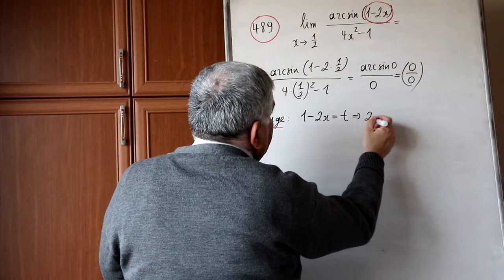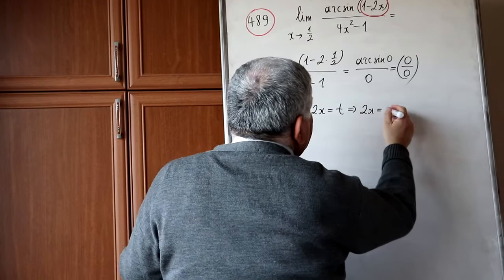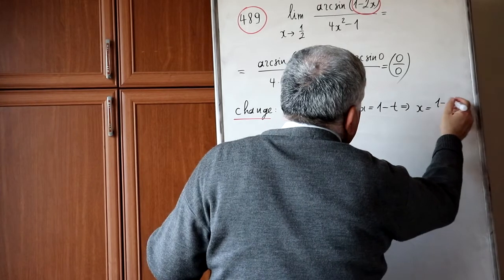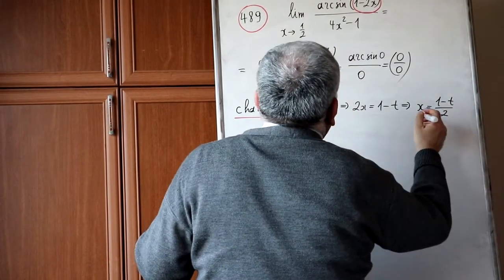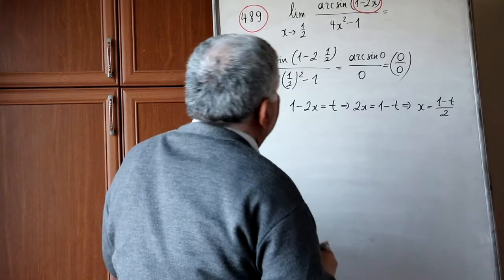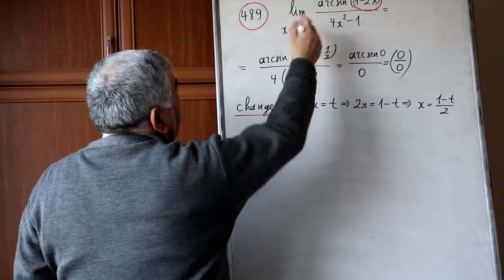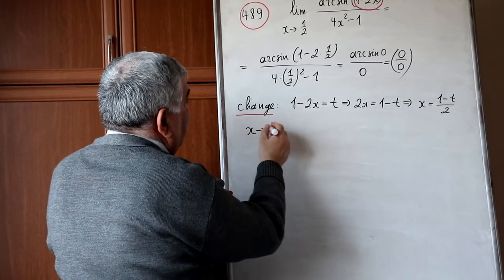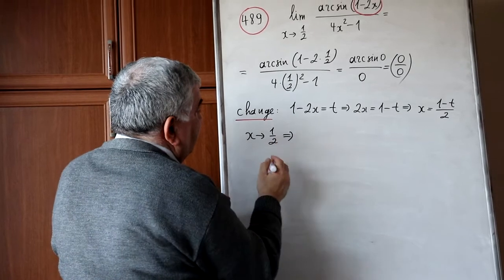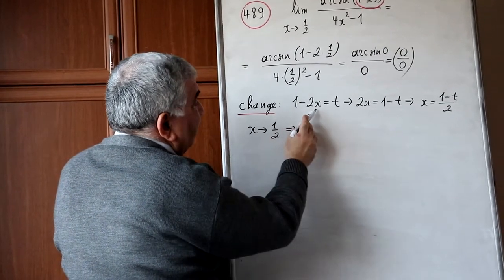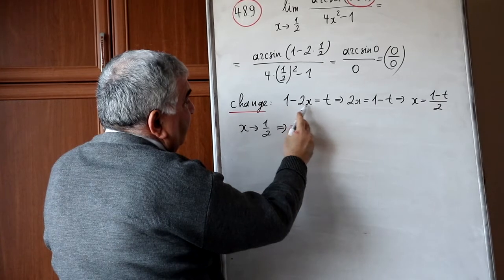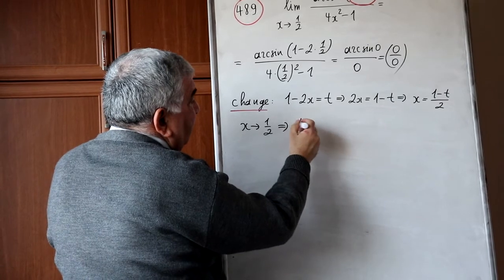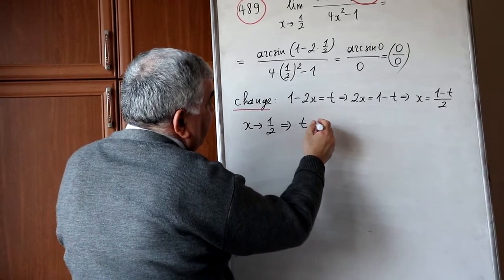Then 2x is 1 minus t, and x is (1 minus t) in half. And also we must change the limit tendency. If x tends to 1 second, then substitute 1 second instead of x in this change. 2 multiplied by 1 second is 1, 1 minus 1 is 0. It means t will tend to 0.